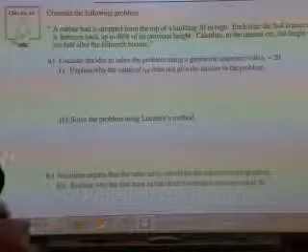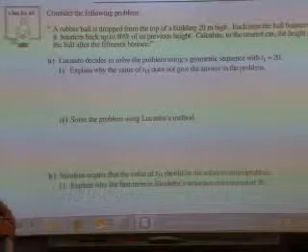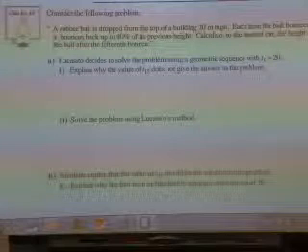So Lucasito decides to solve the problem using a geometric sequence where t of 1 equals 20. Explain why the 15th term would not be the answer to this problem.